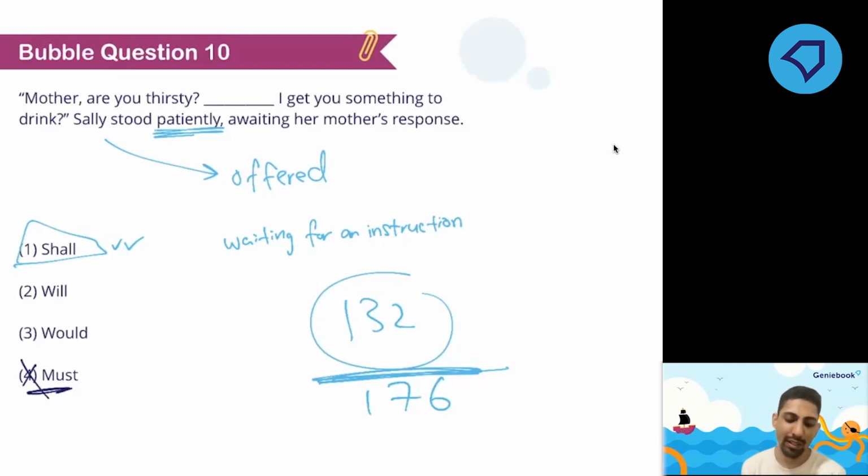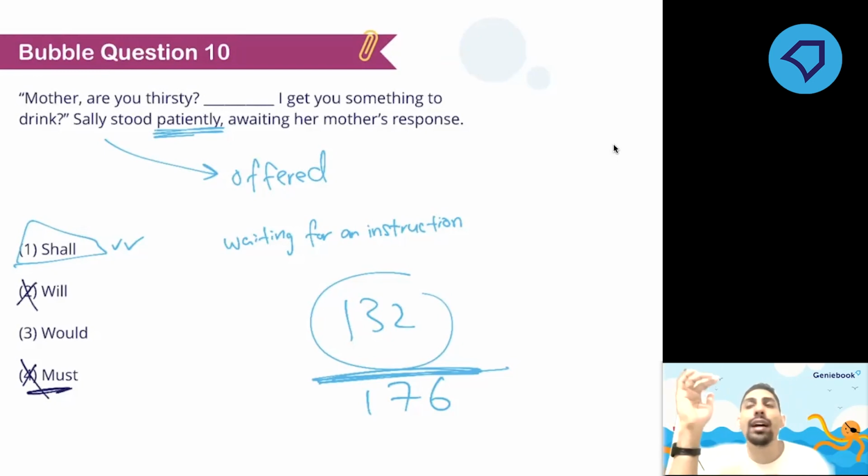Now, if you say will, it's not like her mother is some kind of fortune teller. "Mother, will I get you some water? Tell me." Then the mother's like, no. Then Sally says, psych, here you go, water. Mother, no longer psychic. You see how it doesn't make sense? Will is for the future. So you ask will if you are asking someone to tell you about their future actions.